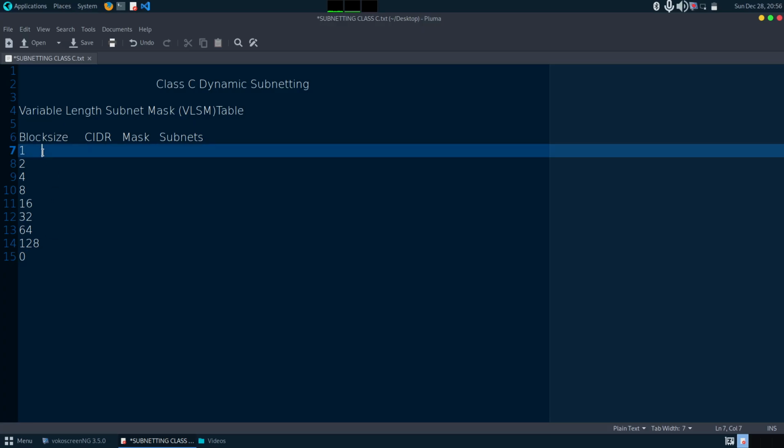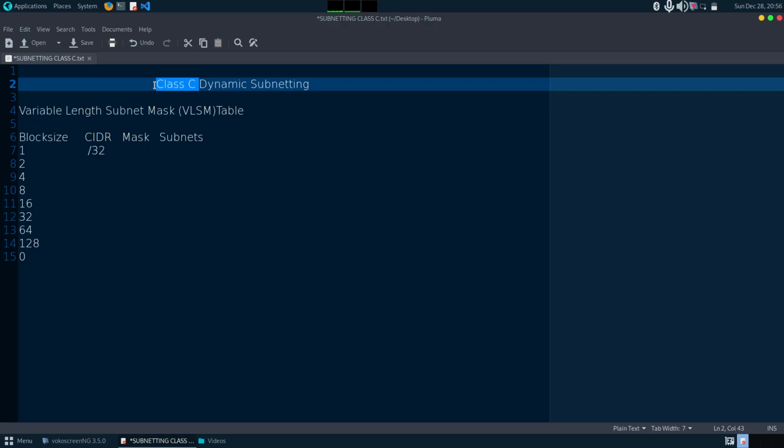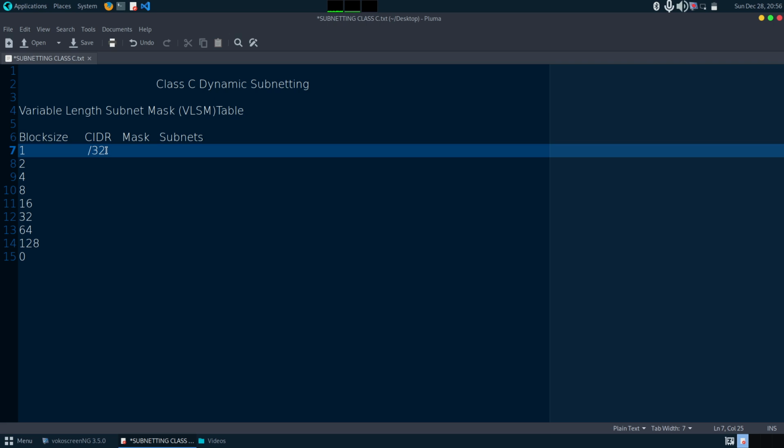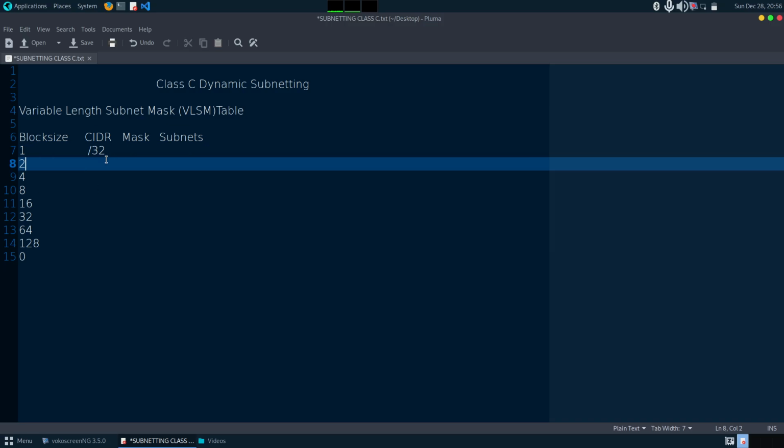Remember the IP address consists of 32 bits. The block size of 1 is the last one we'll be doing in our subnetting, the one which uses the last slash in the bits, /32. For the next one we just reduce the value by 1.